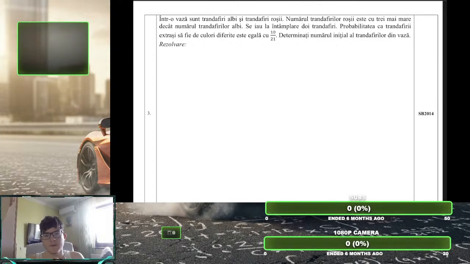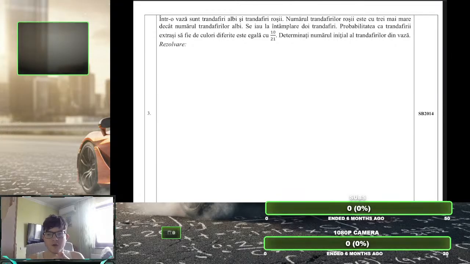Okay. 2 flowers are taken. Find the probability that the flowers taken have different colors. So, you take 2 flowers, so obviously there are red and white flowers, so you took 1 red and 1 white. And probability of that is 10 divided by 21.